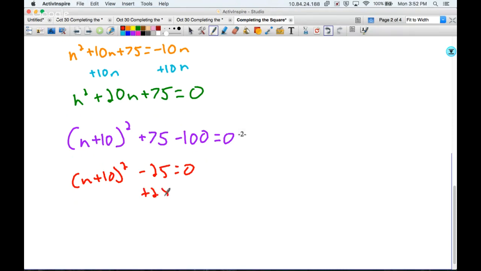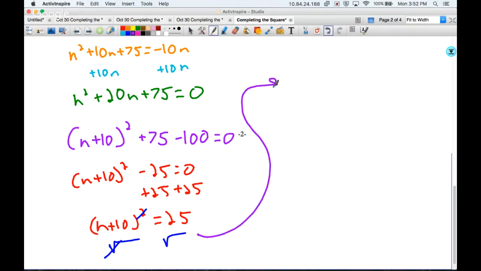We'll add 25 to both sides. N plus 10 squared equals 25. Now that the entire left-hand side is squared, I can take square roots and they'll cancel out. This brings us to, write it over here, n plus 10 equals plus or minus 5.